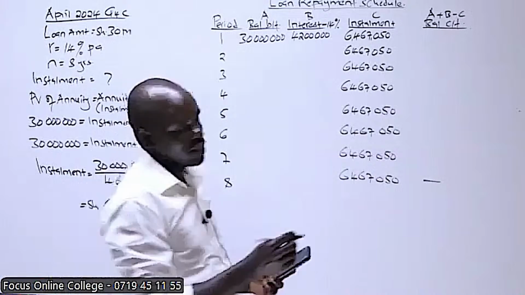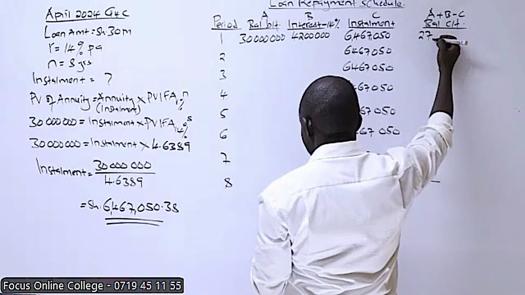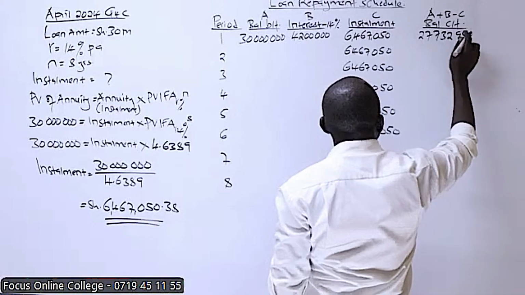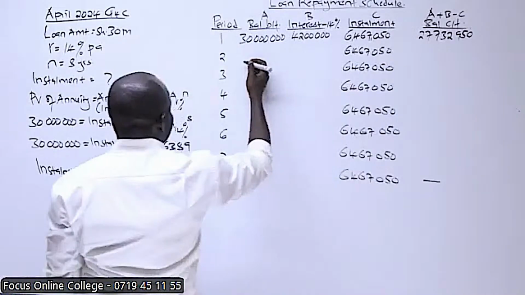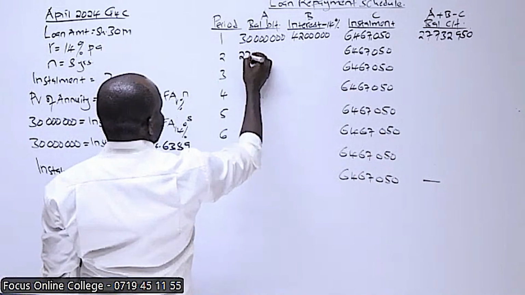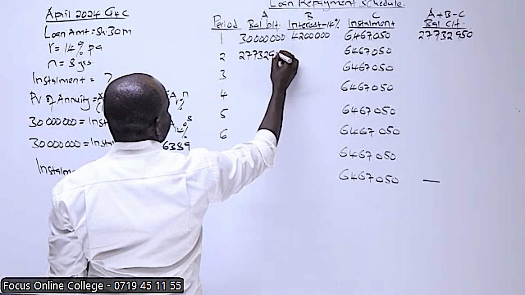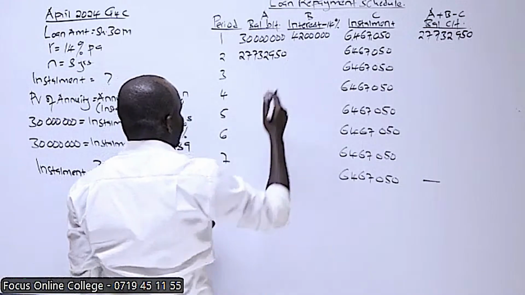That gives 27, 732, 950. Then this one, you bring it forward here. 27, 732, 950.